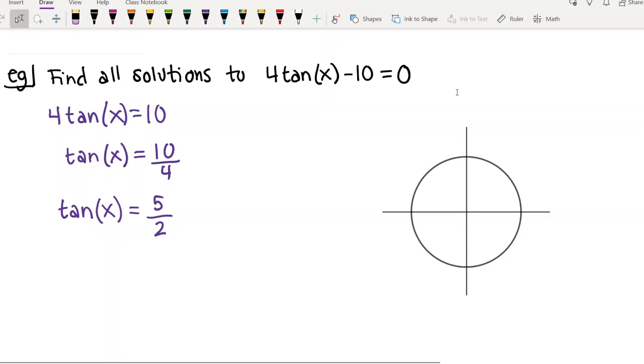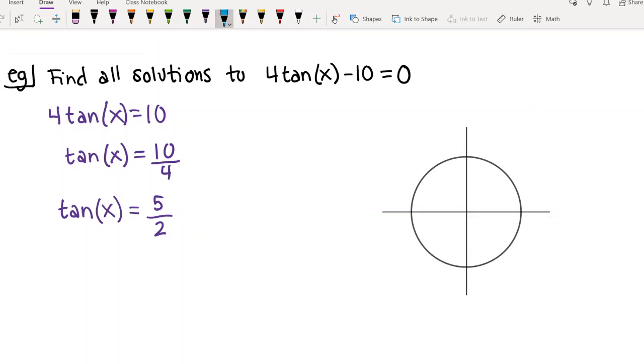Because sine and cosine correspond to the x and y coordinate on the unit circle, and you can never get an x or y coordinate on the unit circle that is bigger than 1 or smaller than -1. However, tangent is taking the ratio of 2 of those numbers, and so it can be bigger than 1, it can be smaller than -1. Tangent can actually be equal to any number. Basically, the range of the tangent function is all real numbers.